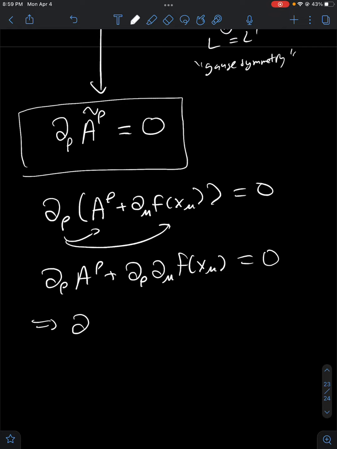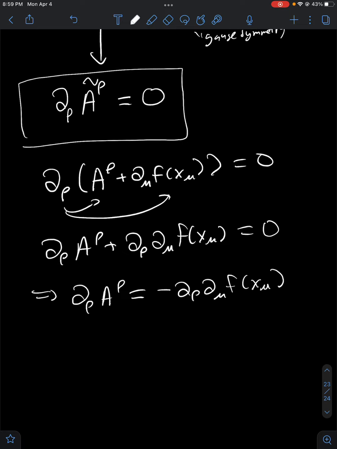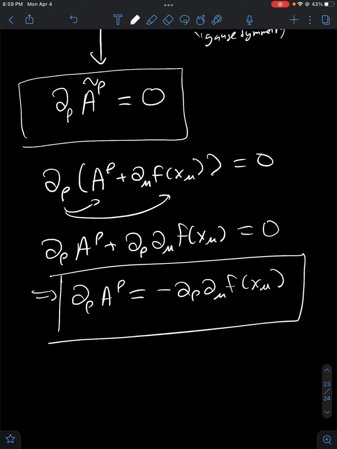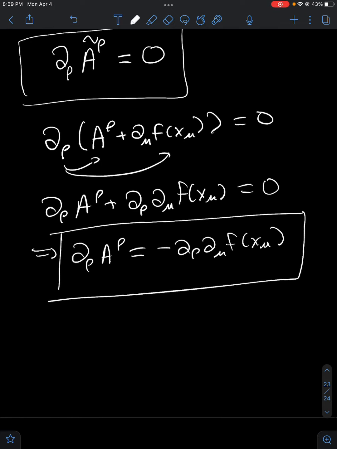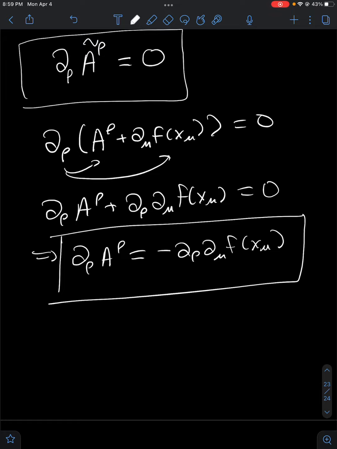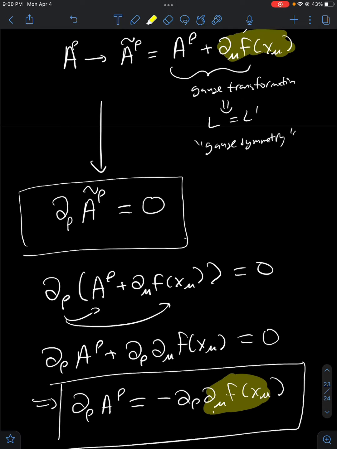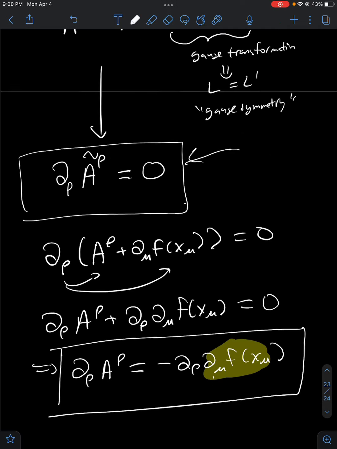And this implies a partial of this equals negative of our gauge with some derivative. So now we have arrived at this equation. By solving this equation, we can find what gauge we have to use in order for us to have this continuity equation.